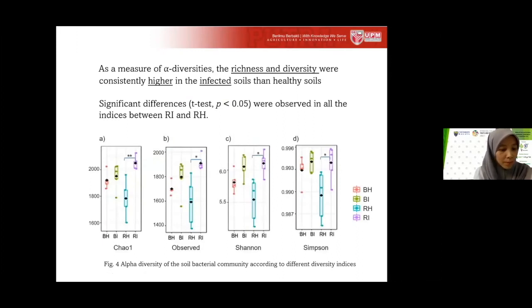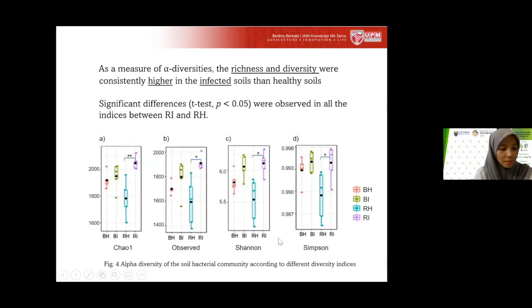Right, so bacterial communities were also evaluated using richness and diversity indices. As a measure of alpha diversities, the richness and diversity were consistently higher in infected soils than the healthy soil. All right, so we can see significant differences in all the indices between rhizosphere healthy and also infected.